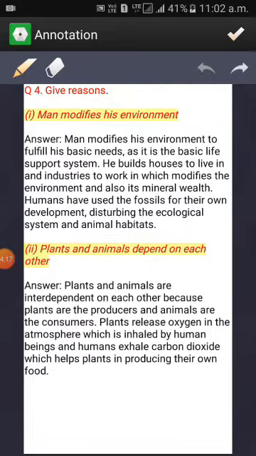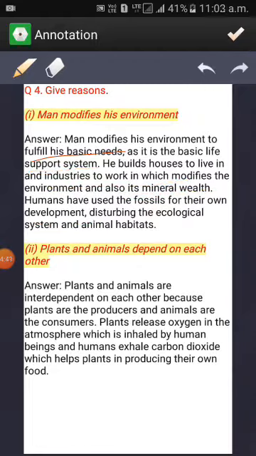So we will write, man modifies his environment to fulfill his basic needs, as it is the basic life support system. He builds houses to live in and industries to work in, which modifies the environment and also its mineral wealth. Humans have used the fossils for their own development, disturbing the ecological system and animal habitats.